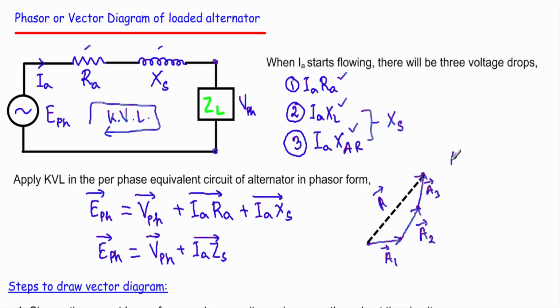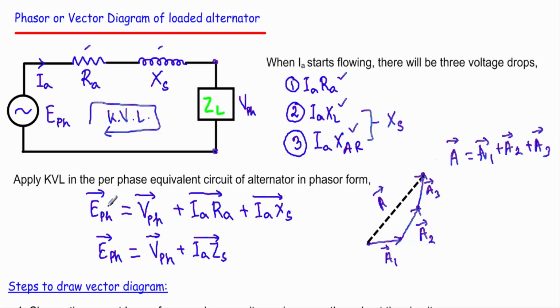Now I can write the A vector equal to A1 plus A2 plus A3 vector. Okay, and this A vector indicates the resultant of all these vectors.